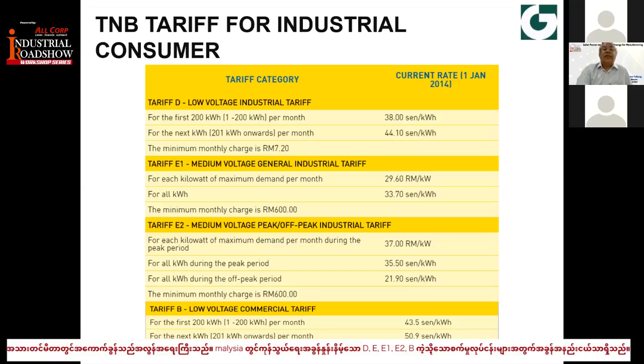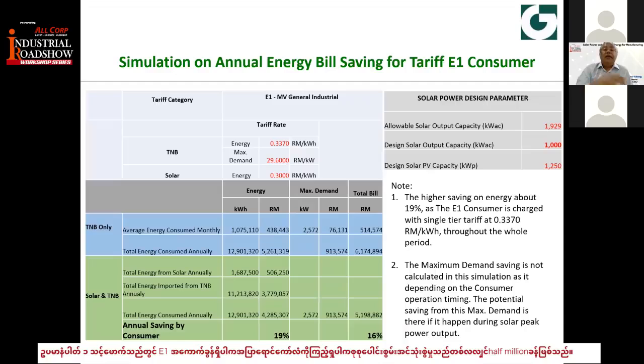So, tariff. In net energy metering, tariff is very important. In Malaysia, there are a few tariffs for industry, for instance tariff D, tariff E, tariff E1, E2, and tariff B, low voltage commercial. I shall share with you an example of how net energy metering helps save electricity costs. Example number one, if a customer is using the E1 tariff.